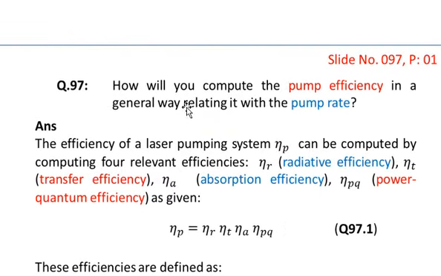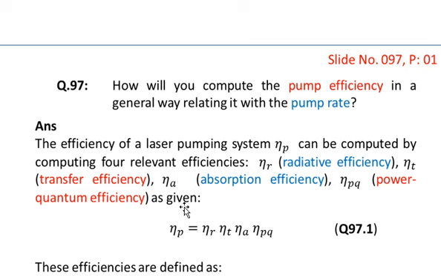The question is, how will you compute the pump efficiency in a general way, relating it with the pump rate? The answer is, the efficiency of a laser pumping system, eta P, can be computed by computing four relevant efficiencies: eta R, the radiative efficiency; eta T, the transfer efficiency; eta A, the absorption efficiency; and eta PQ, the power quantum efficiency.